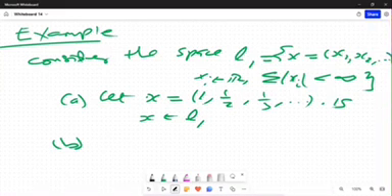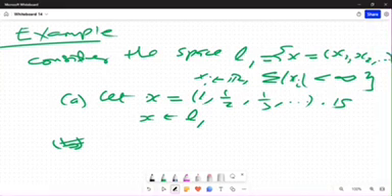Let's answer this one first before we pick another one. Well, for this sequence to be in L1, it must follow that if you put this sequence inside, it must be summable. That's convergence.